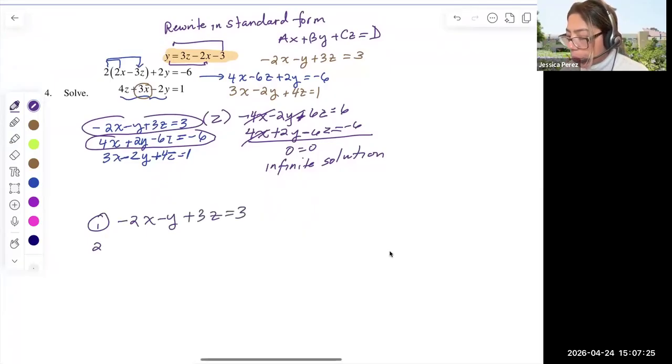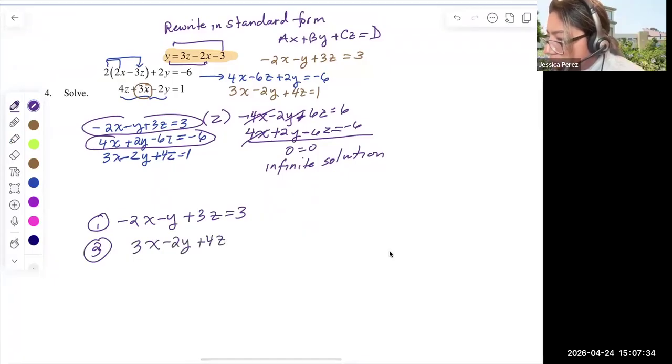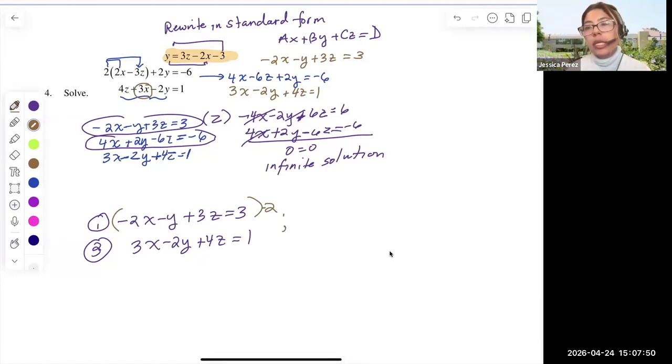And then equation 3, we have 3x minus 2y plus 4z equal 1. I'm going to multiply equation 1 by a negative 2, because what I'm trying to do is cancel one of the variables. So I'm going to cancel y.